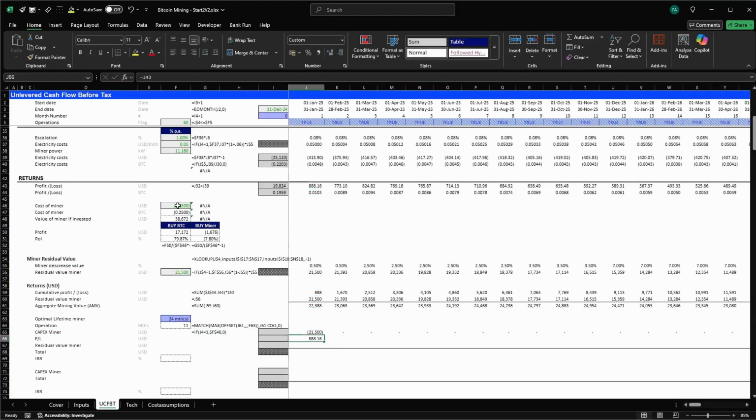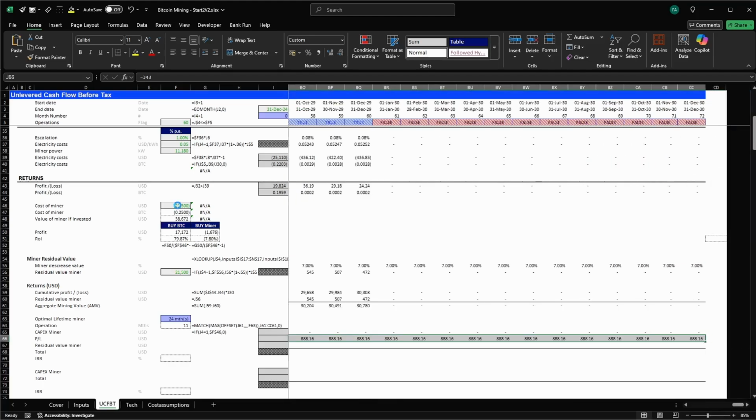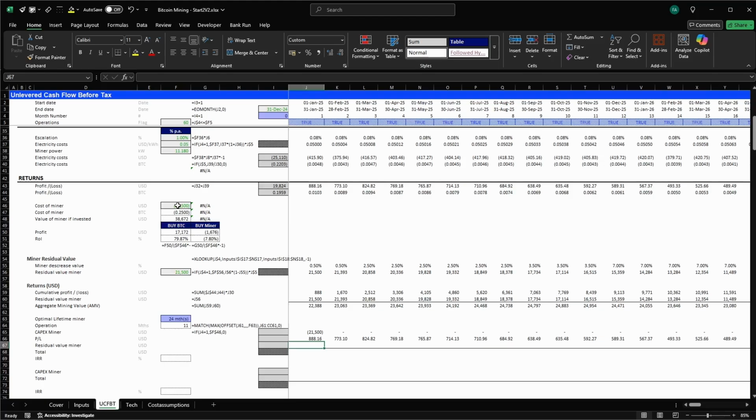All right. Then what are we going to do? Let's leave this for now. I can copy and paste across, and then I'm going to have the P&L, the total residual value of the miner. So I'm going to say equals if what? If this four twice is equals to this, then we're going to grab this number over here, otherwise it's 0.